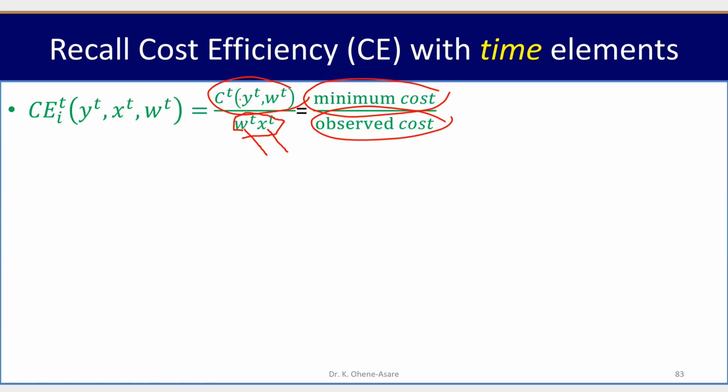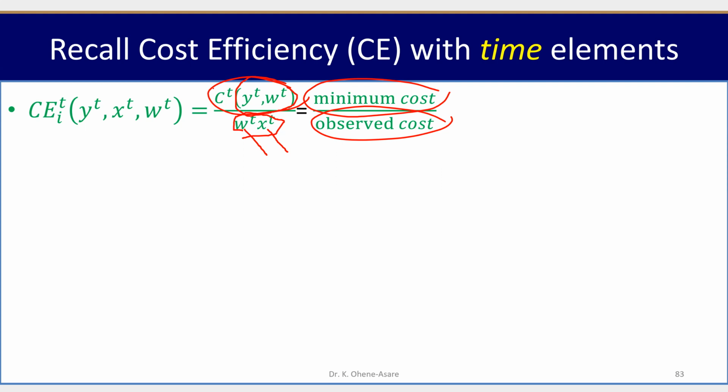Y is also observed, W is observed. But the minimum cost here is for those that are given. Because Y is given, you are not going to reduce Y, you are not going to increase Y. And because W is exogenously determined by the invisible hand of Adam Smith, they will define the minimum cost.